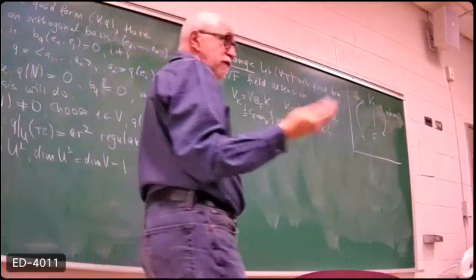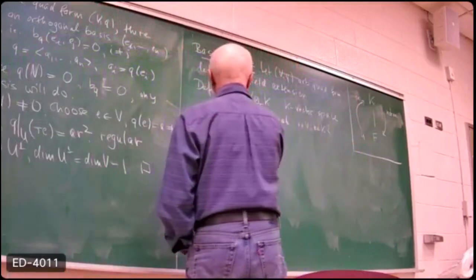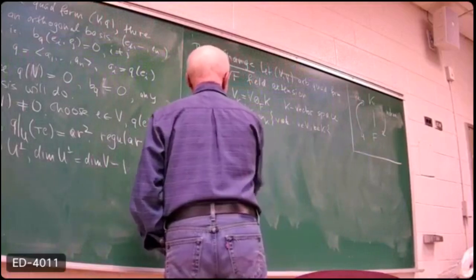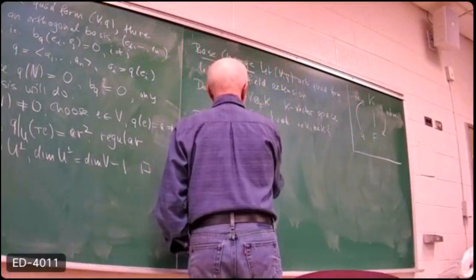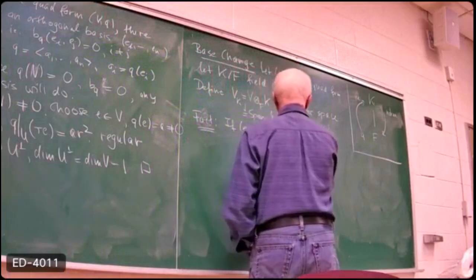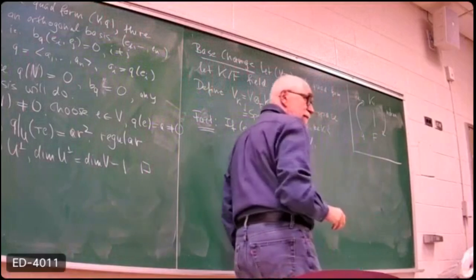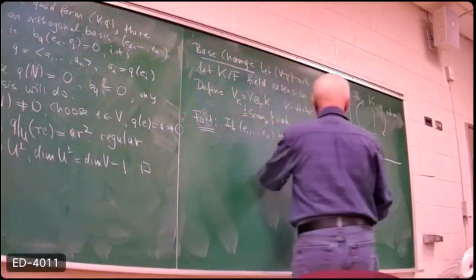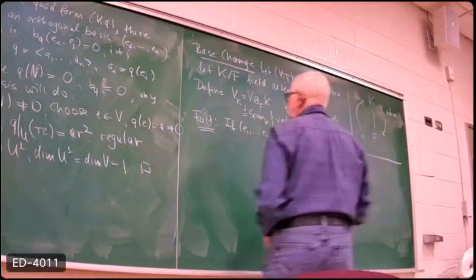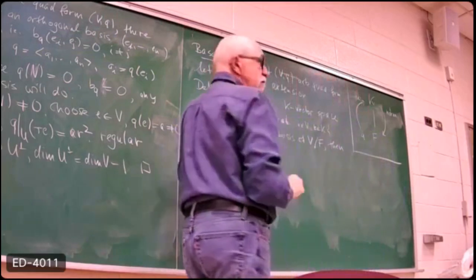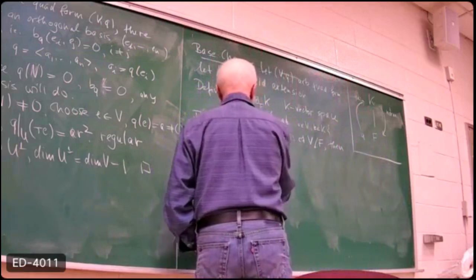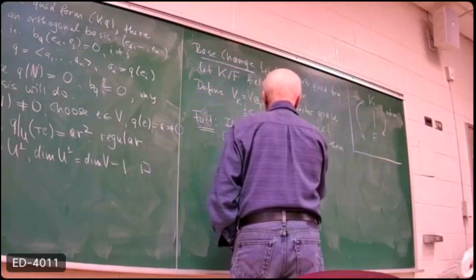Now, the important point here is that if you have a basis e_1 up to e_n of V, so V is a vector space over F, then look at these tensors, e_1 tensor 1_K up to e_n tensor 1_K.